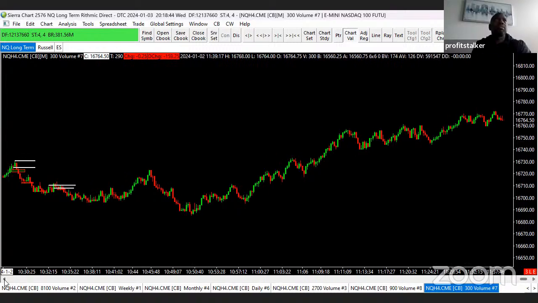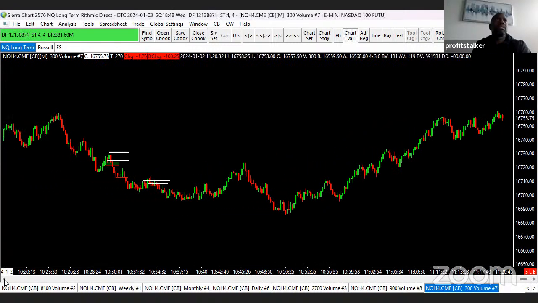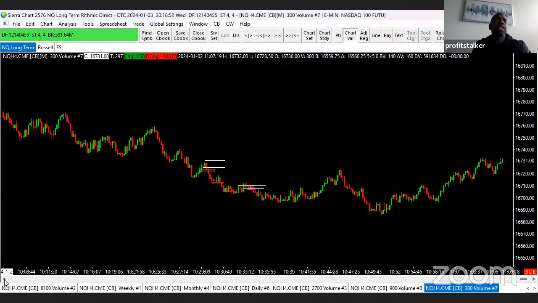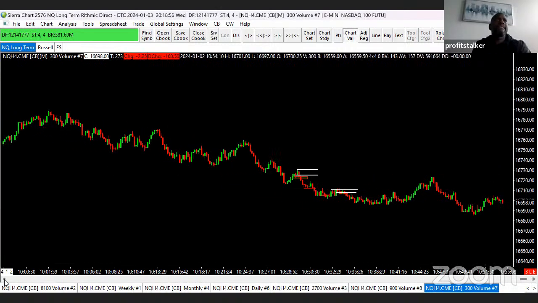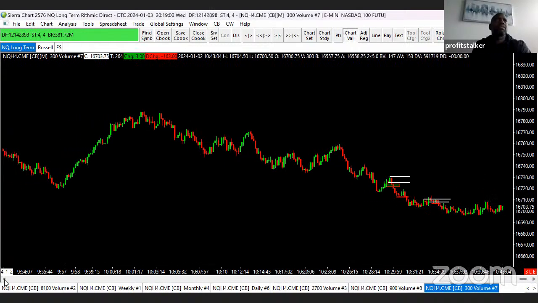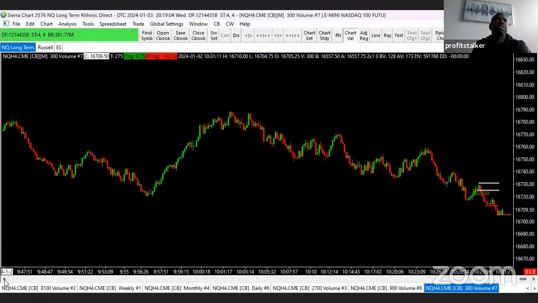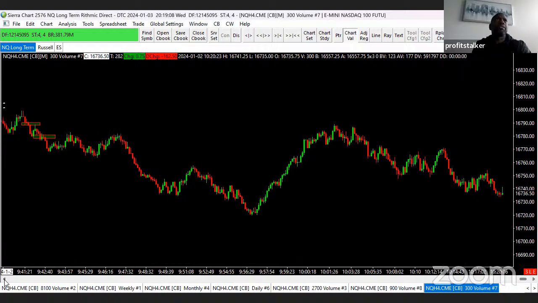That's the second trade of the day. Let's get to the first trade of the day, to the 940, 939 area. Should be coming up very soon. There it is.